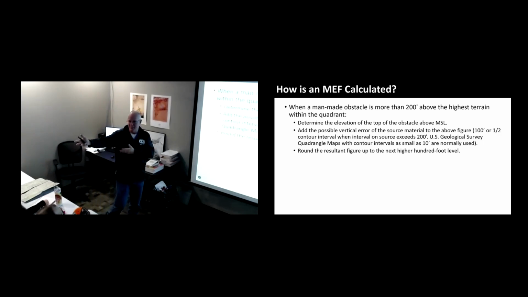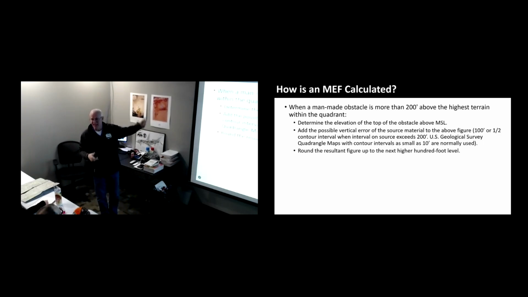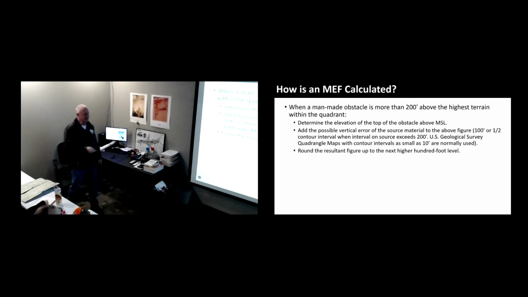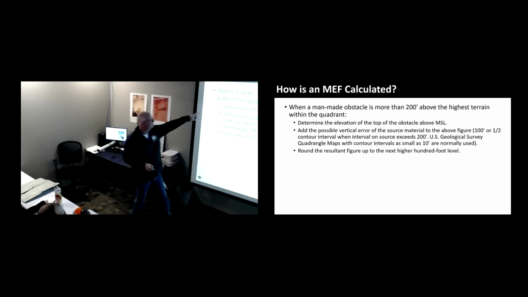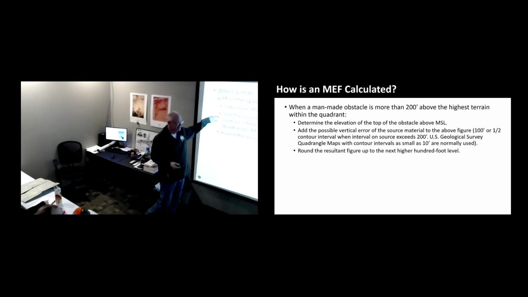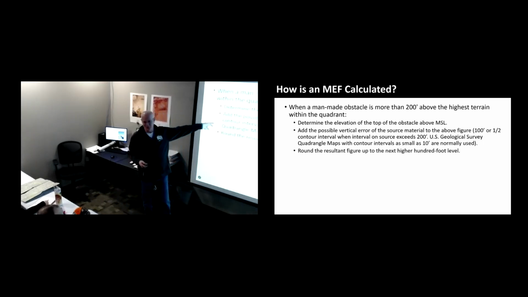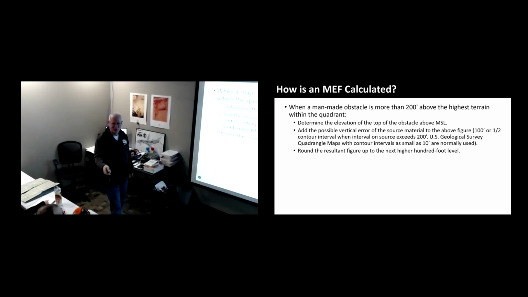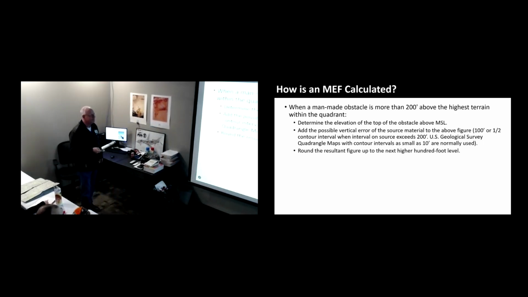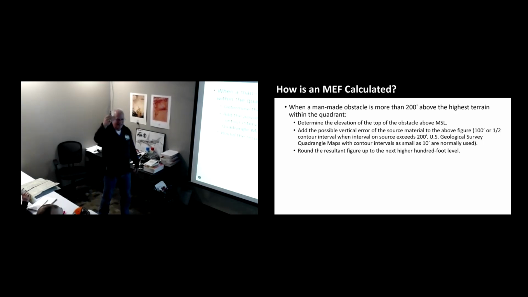If the highest point within a quadrangle is a man-made obstacle, then it's calculated differently. So all this is telling you is: determine the elevation of the top of the obstacle, MSL. Add a vertical error, 100 feet or half the contour interval. You're not doing this on the fly, right? This is all done for you. That's why it's on the chart. Then they add a buffer, rounding up to the next highest 100 feet.